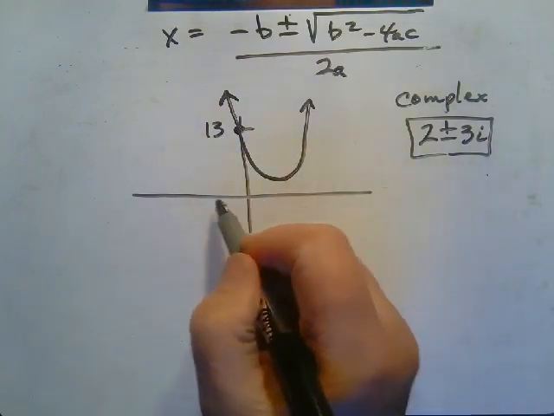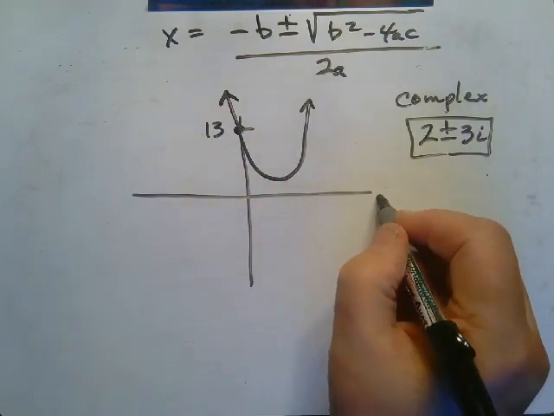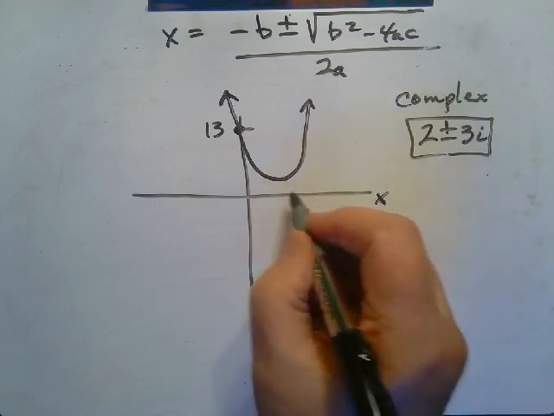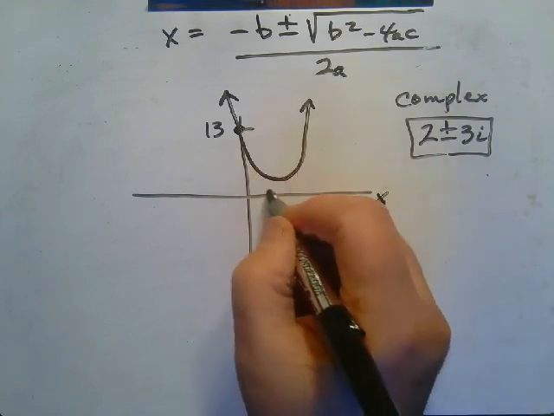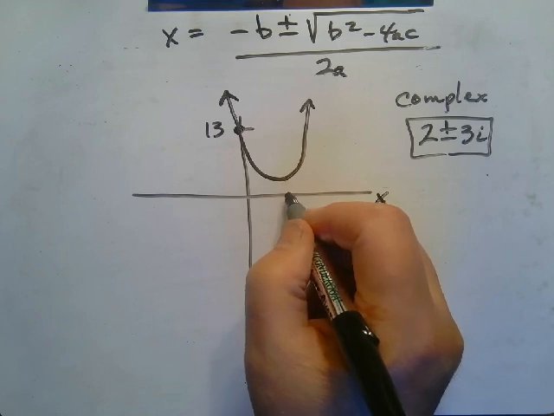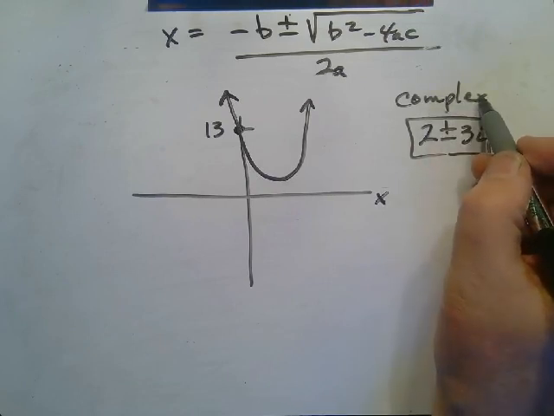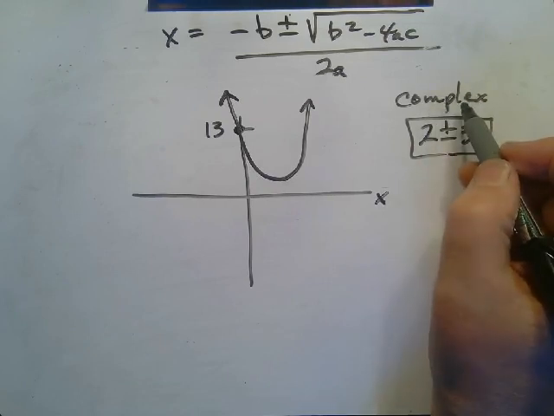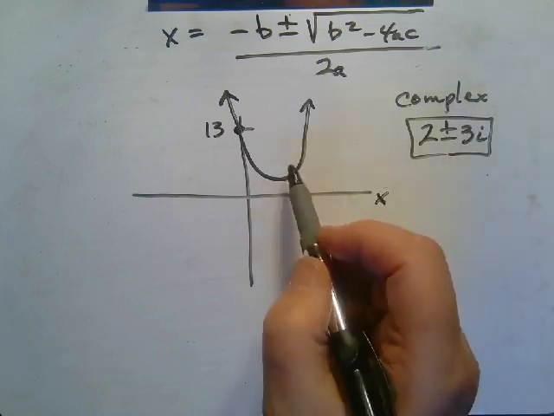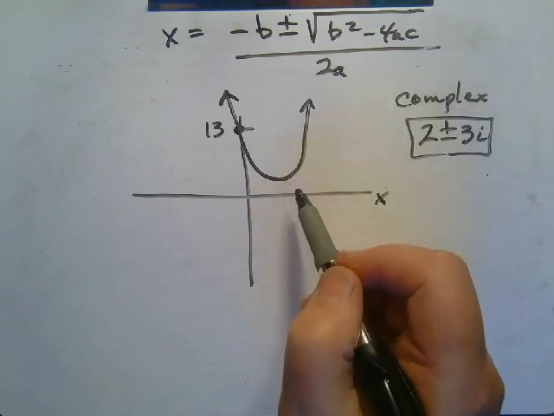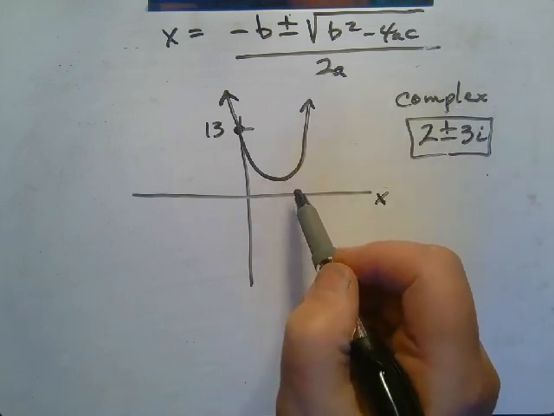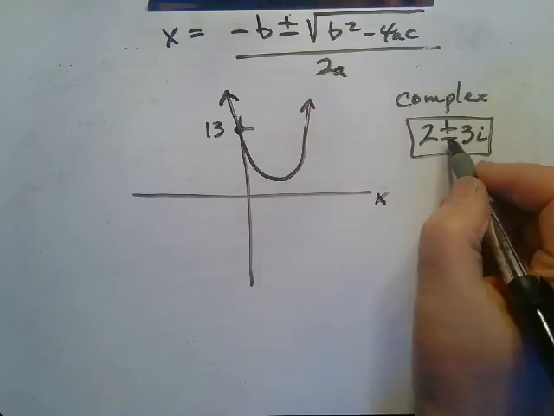But you'll notice that it never crossed the x-axis, because if it crosses the x-axis, then it has real roots. But this does not have real roots. This has complex roots, imaginary roots. And we find that some parabolas don't have a real answer. That's the case here, where it has 2 roots, but they're not real.